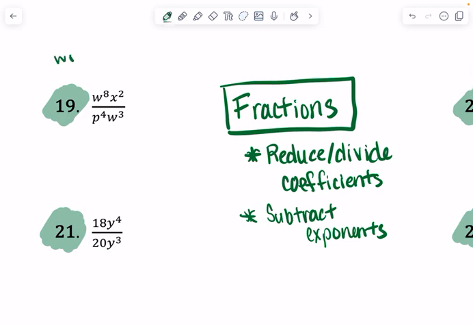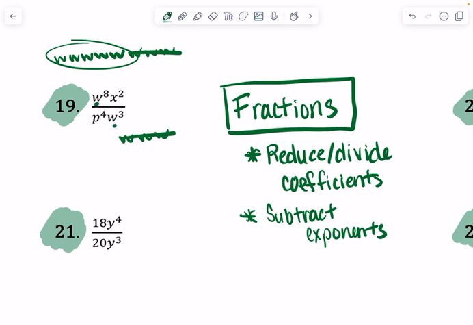Because if you have w to the 8th in your numerator and w to the 3rd in your denominator, 3 of them cancel, you're left with 5.